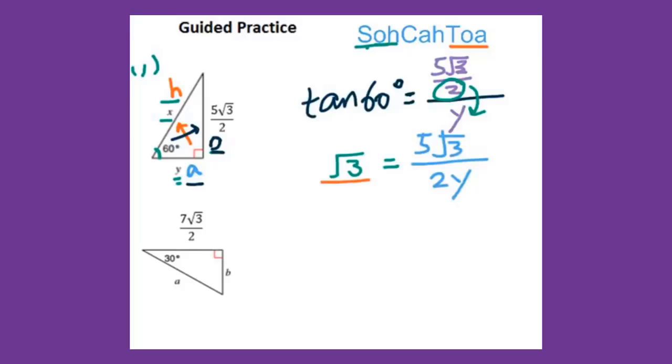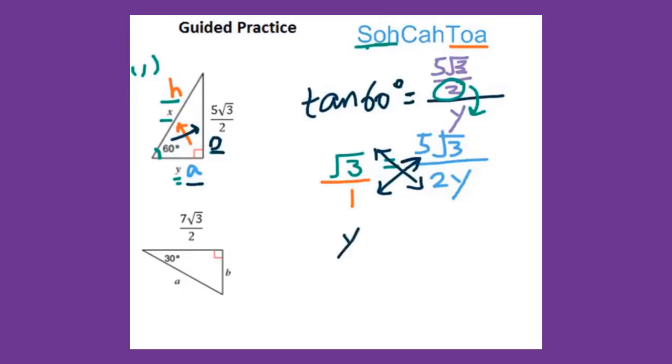Okay, I will do square root of 3 over 1 for the left side. Then I do cross multiply. So any number on the same line with the y goes to the denominator when you do the cross multiply.